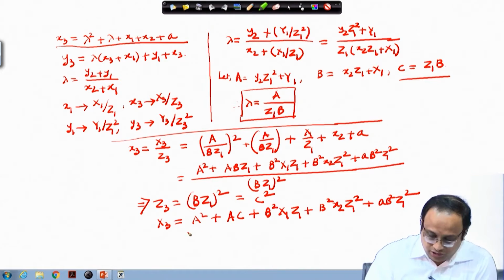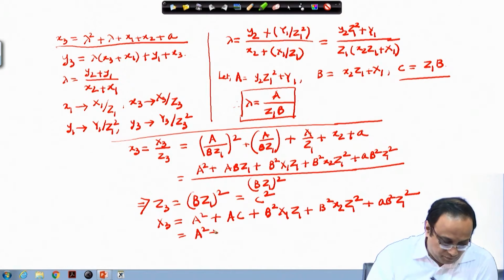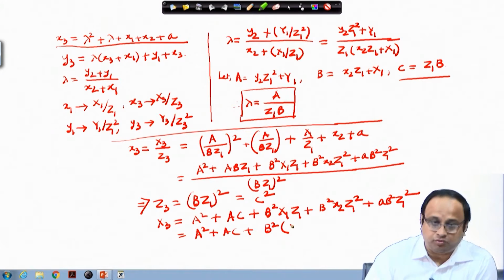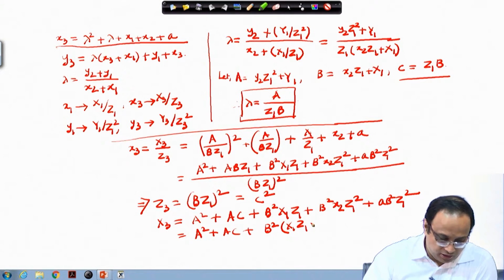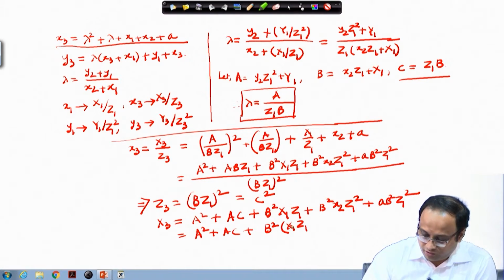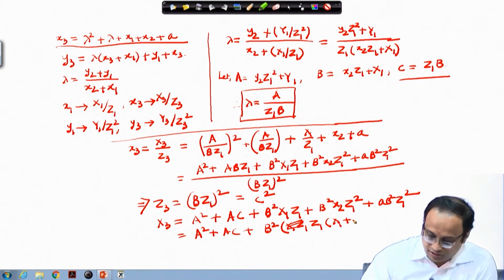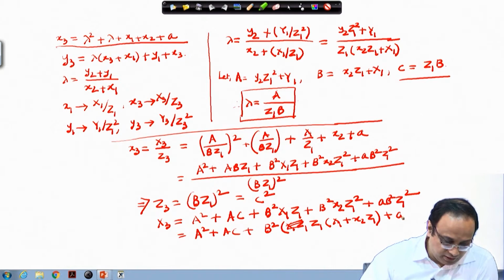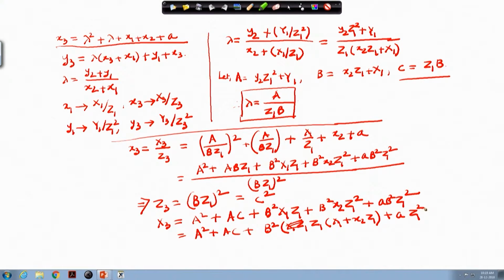That is equal to again A square plus AC plus, I can take B square common from all of this. So I can write B square X1 z1, and actually I can take z1 common and write X1 plus x2 z1, plus A z1 square.